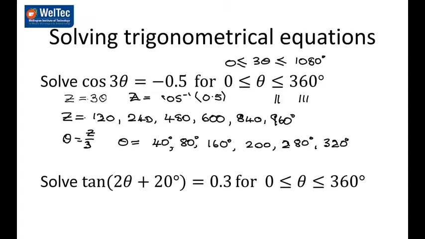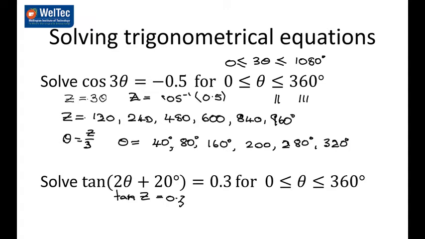Similarly for the last one, tan of 2 theta plus 20, call that Z and then solve tan Z equals 0.3, etc. You'd be looking for 4 answers. Tan is positive in which quadrants?